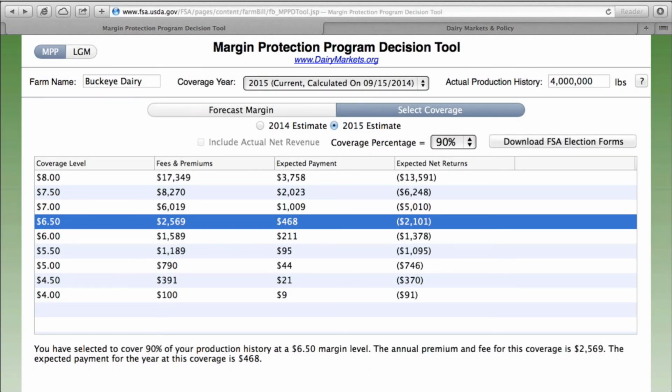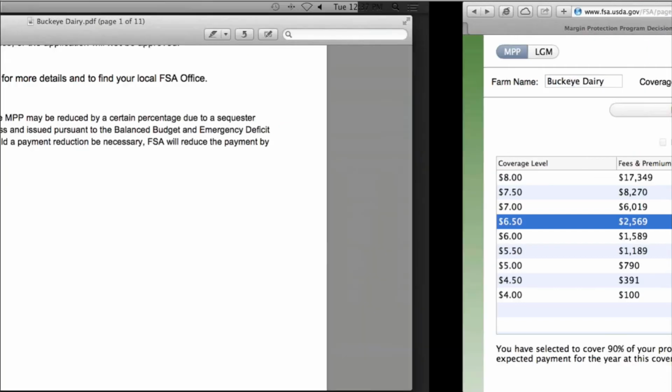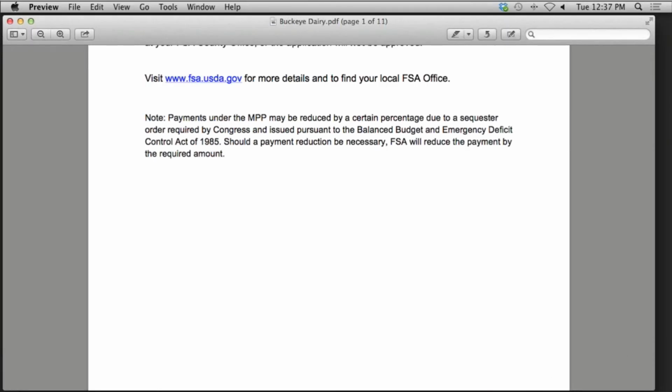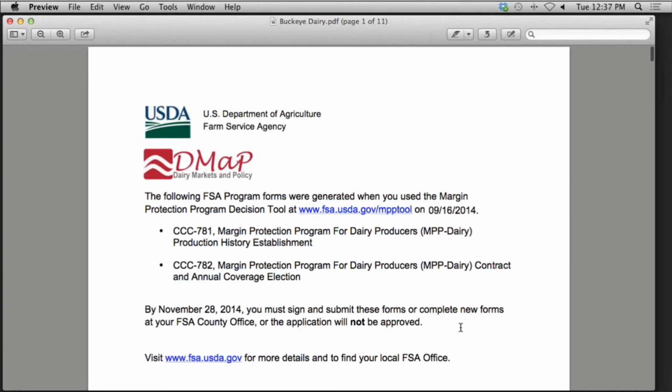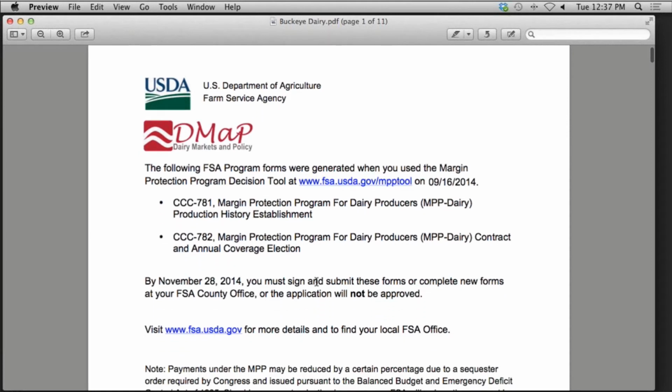Here's what they look like. So here we have a cover letter that says the following program forms were generated using the decision tool on September 16th. These are the forms that have been generated, and by November 28th you must sign and submit these forms to your FSA county office or the application will not be approved.